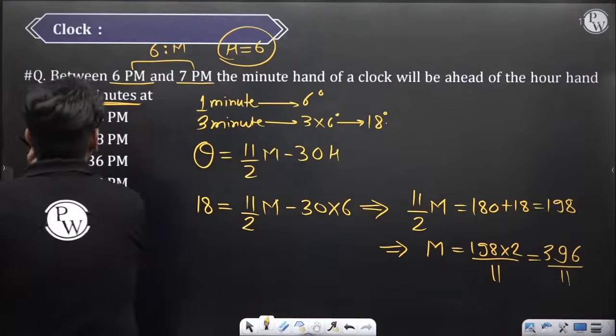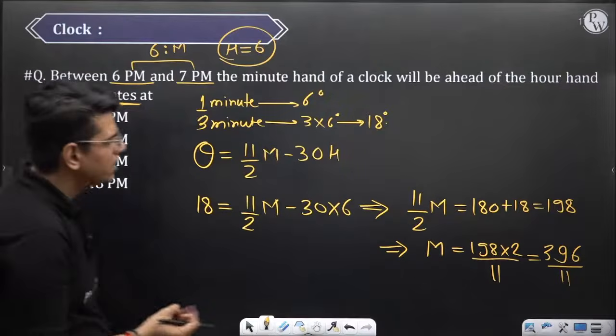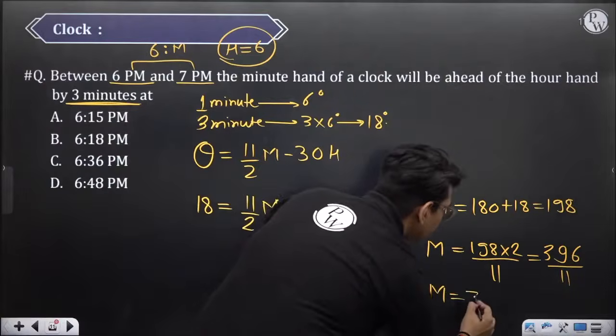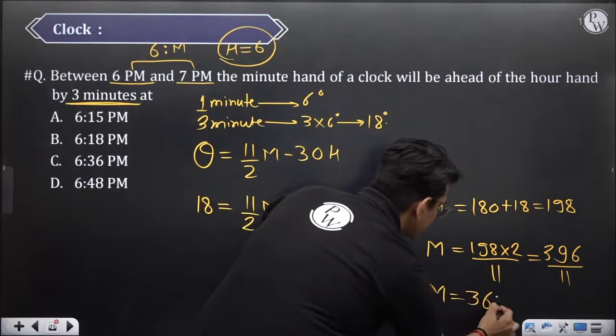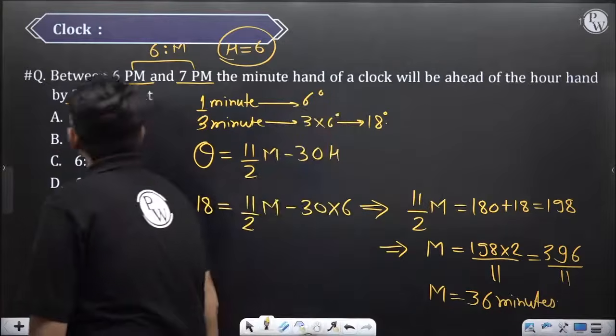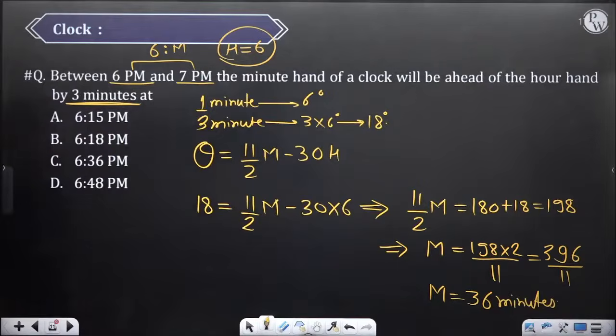Okay, now we have to find the time. This will come to be around 36 minutes. 11 threes are 33, so about 36 minutes past 6, we will have the difference between the minute and hour hand at 3 minutes.